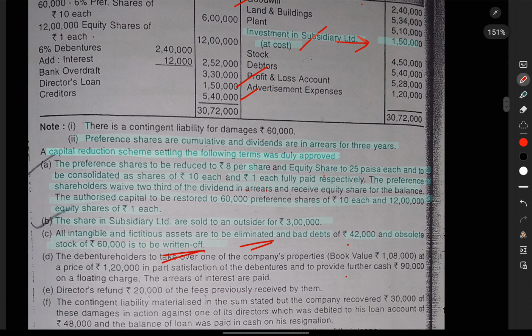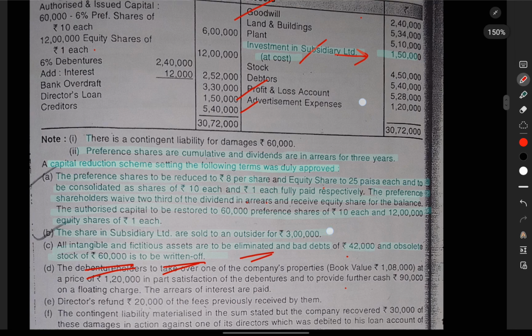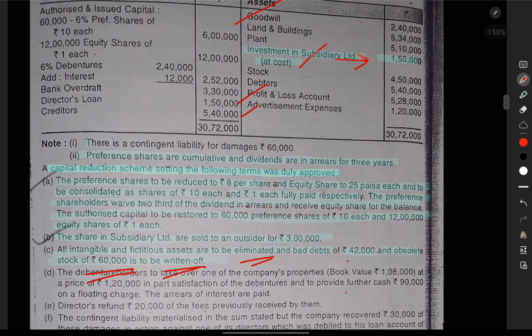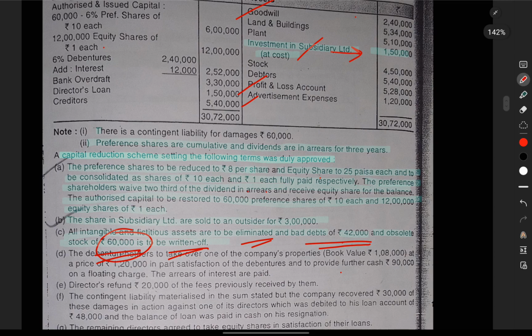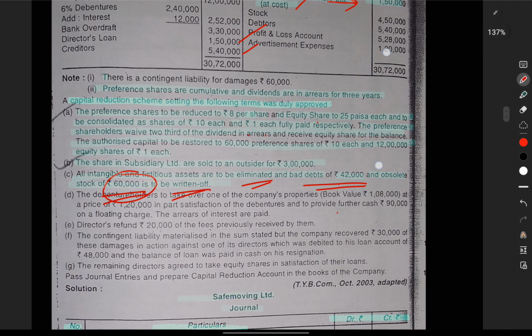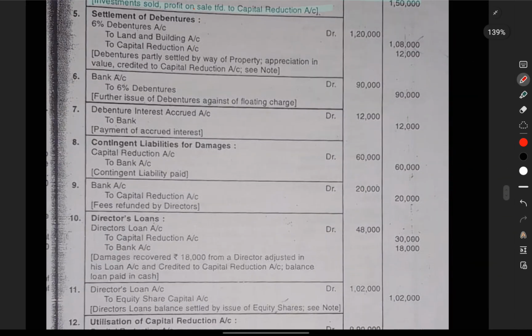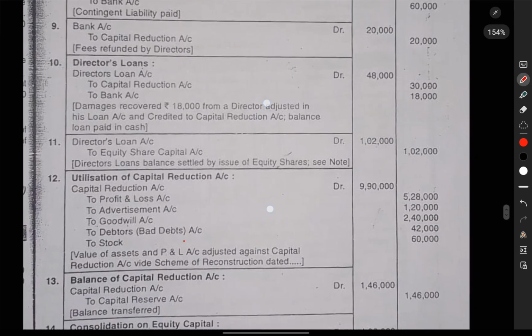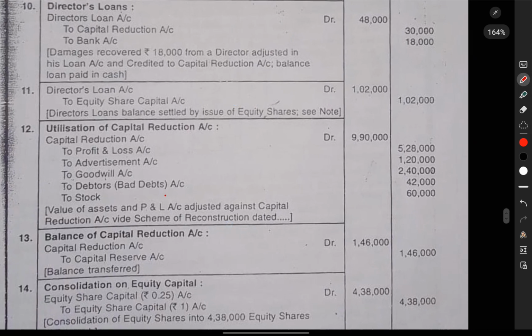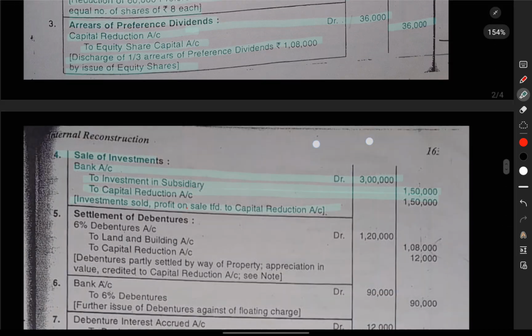And our stock is written off for rupees 60,000, and there are bad debts for 42,000. So if assets are going down, we will give credit to assets. So profit and loss amount is 5,28,000.